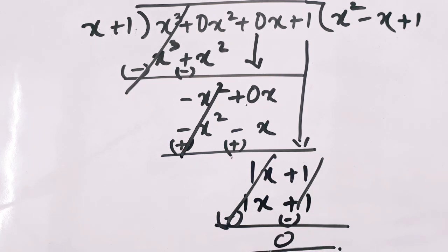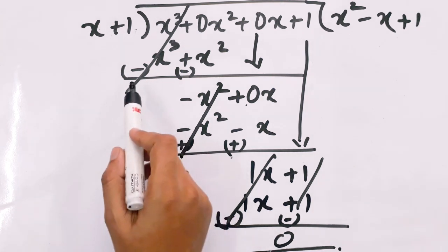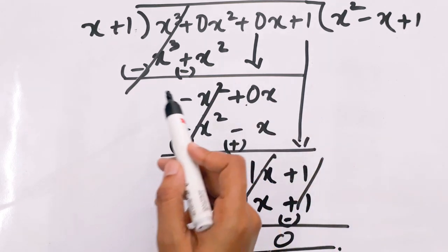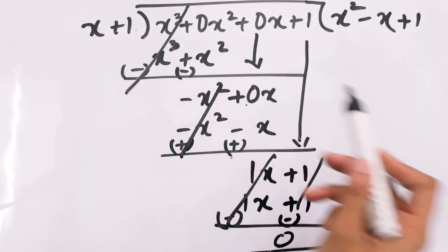So I hope you have understood how to divide any polynomial with a given polynomial. It is quite easy. You have to just understand the few conditions here and about the signs. And whenever you change the signs, the sign of the entire expression should change when you're subtracting it. It's not that you change the first term and the rest will remain same.